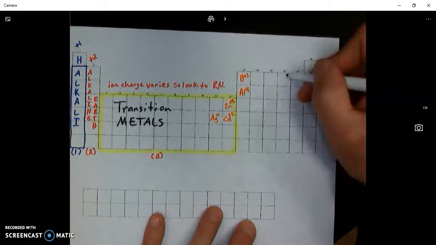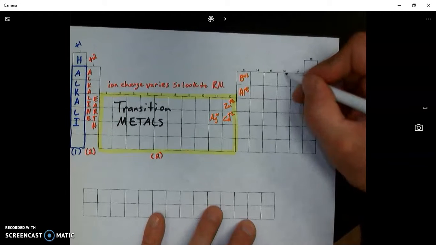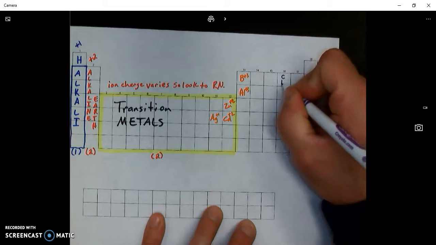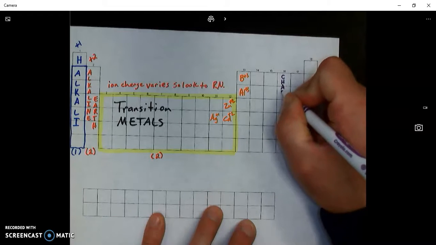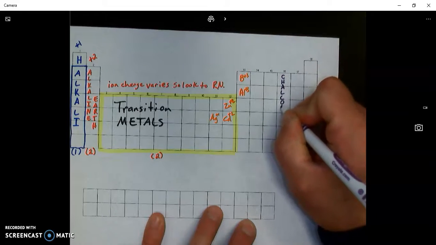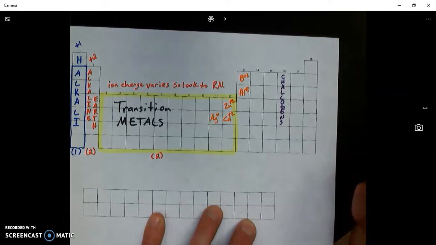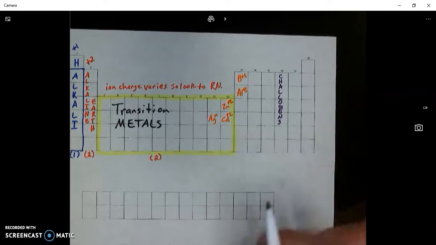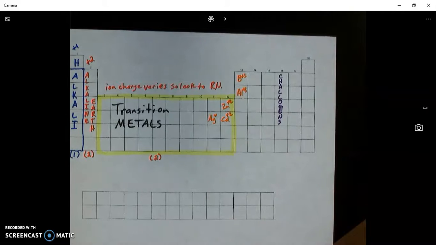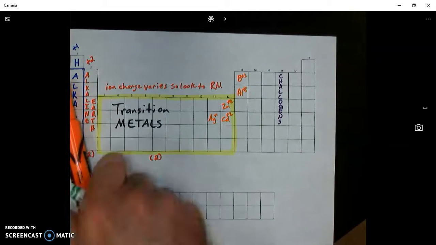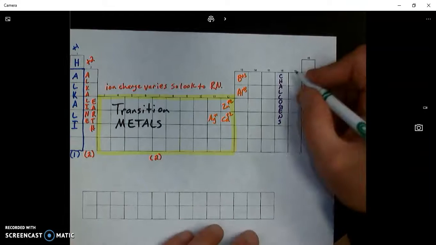Okay? Now, the next group of elements I told you I needed you to put a name in for were group 16. Group 16 is called the chalcogens. C-H-A-L-C-O-G-E-N-S. The chalcogens. Okay? Group 17 is referred to as the halogens.